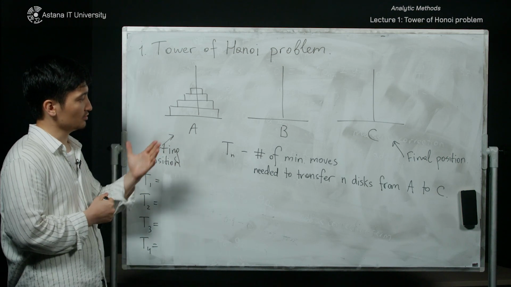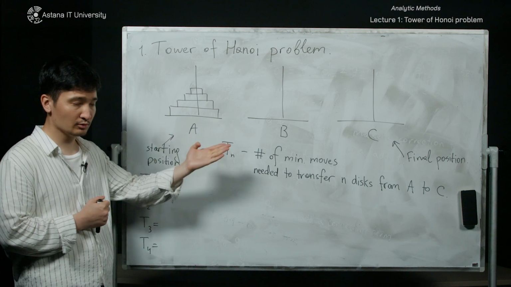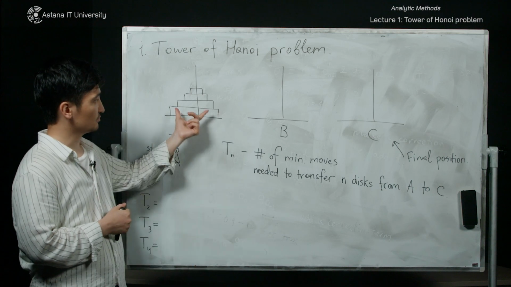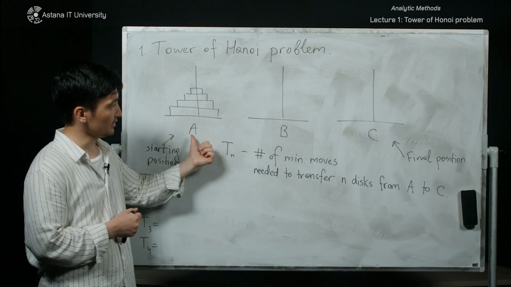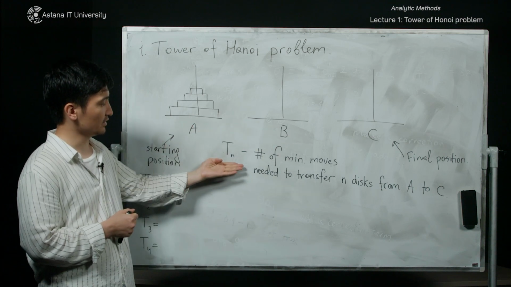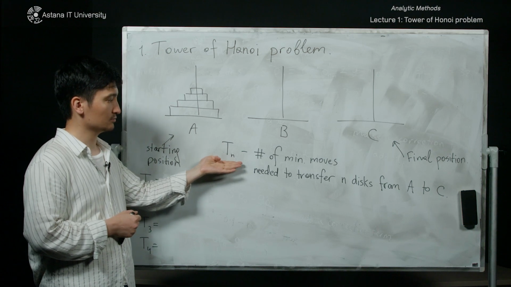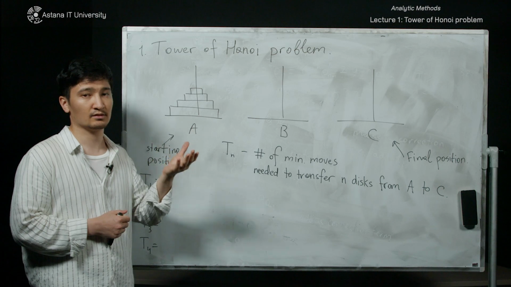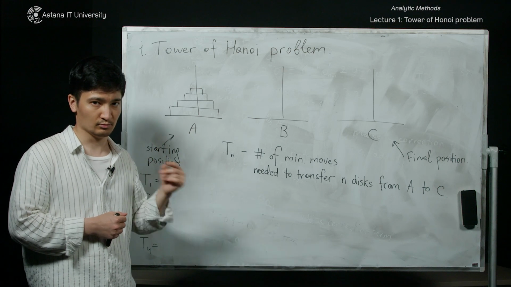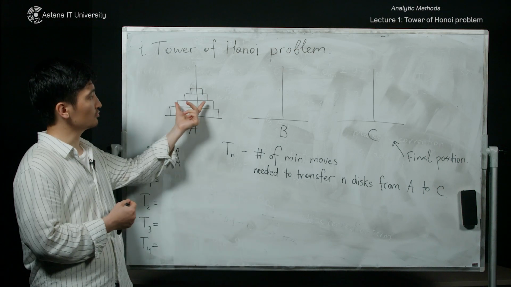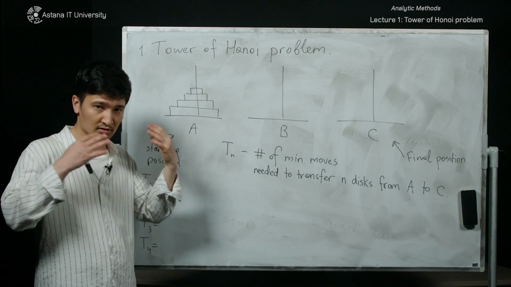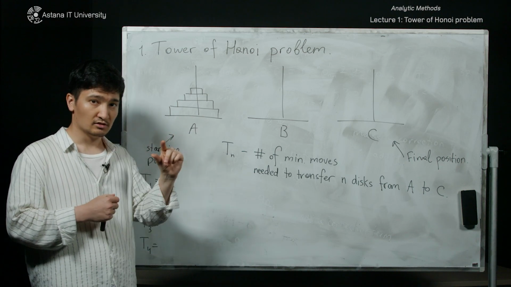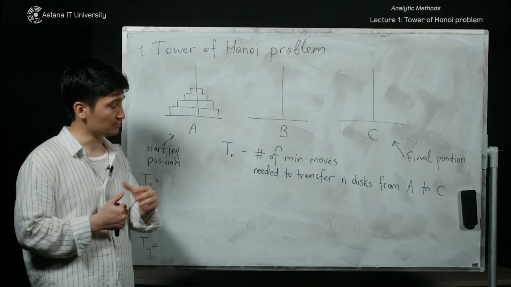Okay, so let's first indicate that the minimum number of moves needed to transfer n disks from peg A to peg C is given by Tn. Remember that we're interested in the minimum number of moves. We don't want to transfer the disks in the maximum number of moves or on average, but in the minimum possible number of moves.